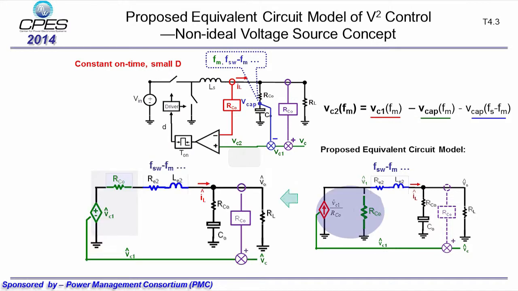By Thevenin's theorem, we can see that this resistor basically turns the current source into a voltage source. The sideband frequency component Vcap at Fsw-Fm is represented by an inductor Le2 in series with a resistor Re2, which represents the non-ideal voltage source, as Le2 and Re2 will form the double pole at half of switching frequency by resonating with output capacitor. Le2 determines the double pole position, and Re2 is related with the damping of this double pole. Therefore, this simple equivalent circuit shows that the capacitor voltage feedback turns the current source into the non-ideal voltage source.